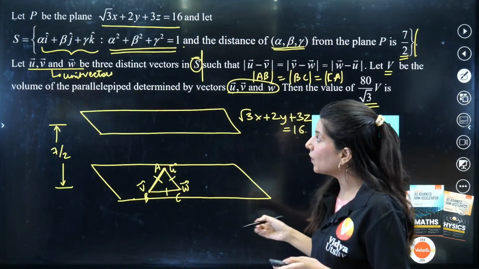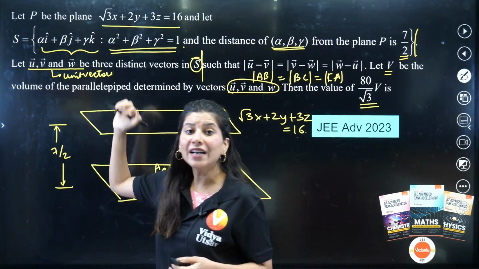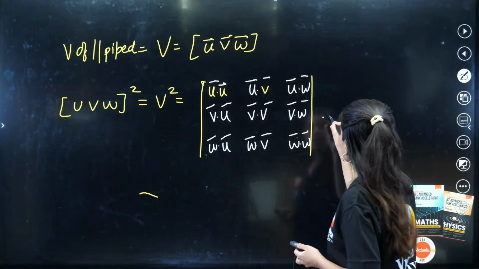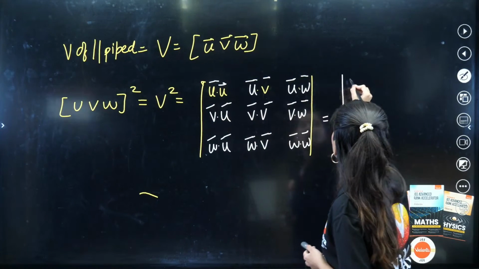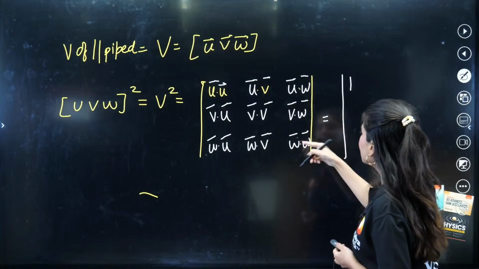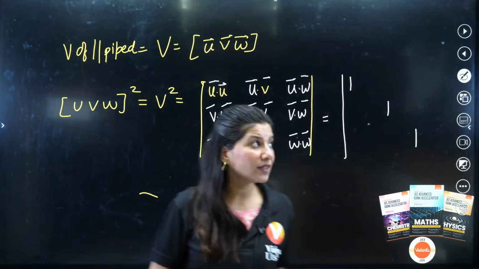Please understand, this is your volume squared. And one more thing, can you see U, V and W are unit vectors? So can I say that U dot U will be 1? This is also 1. This is also 1. All 3 are unit vectors.